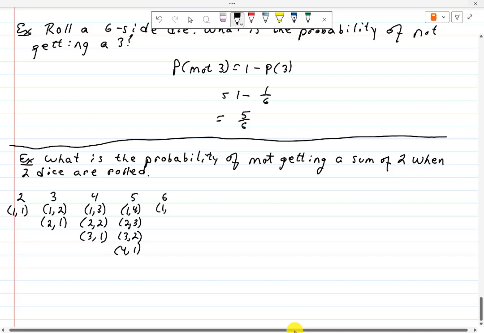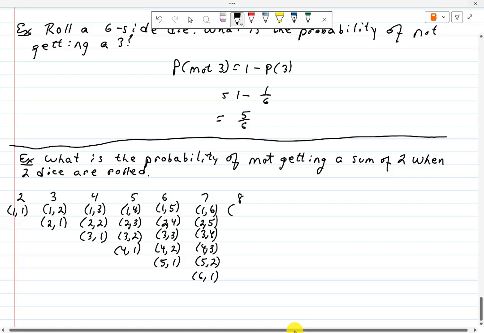I can do 1, 5, 2, 4, 3, 3, 4, 2, and 5, 1. 7. 1, 6, 2, 5, 3, 4, 4, 3, 5, 2, 6, 1.